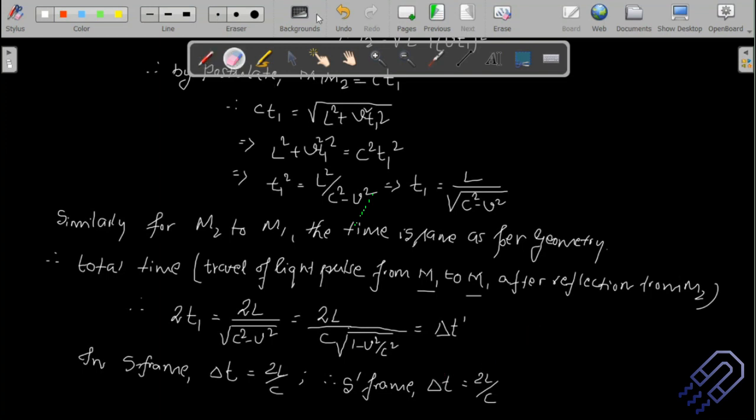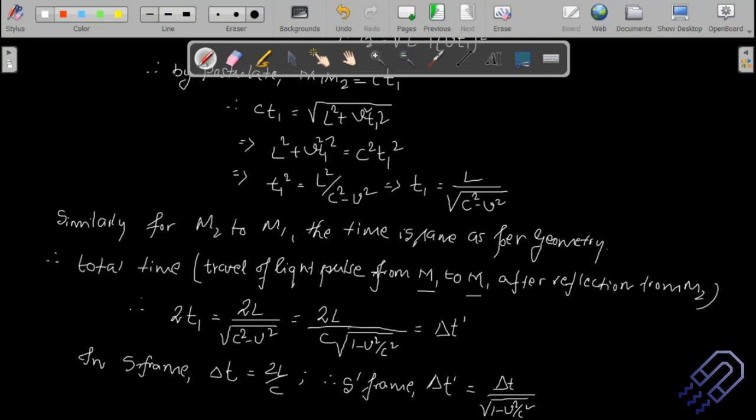I've already written it once, I don't need to write it down. Therefore, in S prime frame, we can write delta T prime is equal to 2L by C divided by root over 1 minus V square by C square, which is delta T divided by root over 1 minus V square by C square.